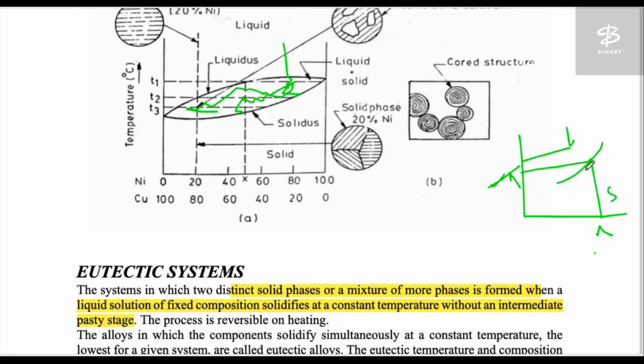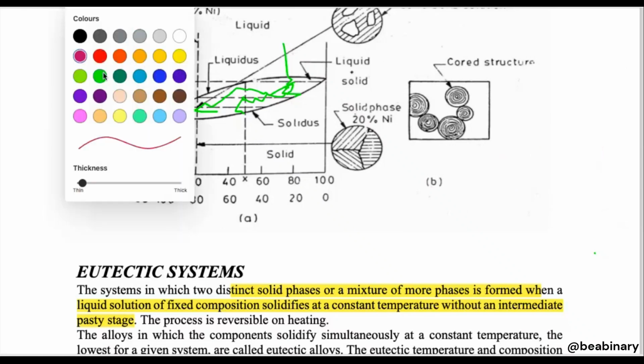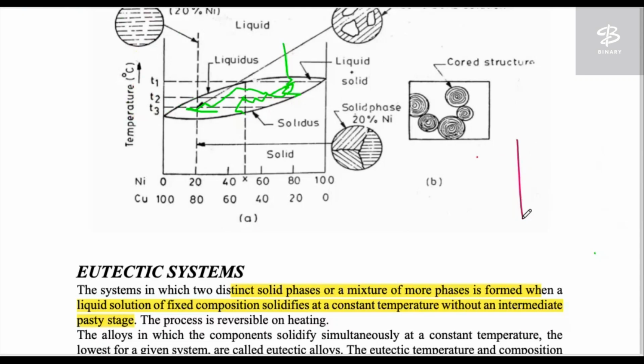Obviously, suppose you are at this particular temperature, then you would have a different composition, because if we talk about the same composition at a different temperature, you are in the solid state. So composition is also important. Let me do a fresh one.